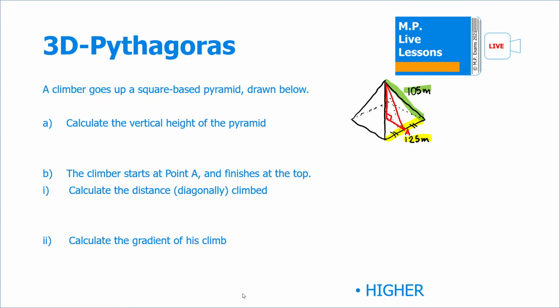Now, to find the vertical height of the pyramid, what you would do is, let's say if I label the top V, then I've got C, D as points on the bottom, and the center is O. What you could do is find the length of OD, so you eventually get this triangle.